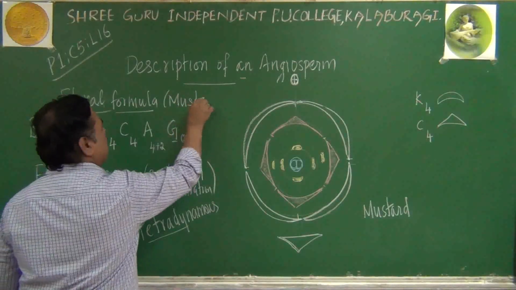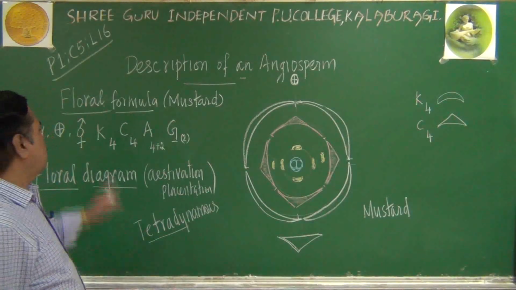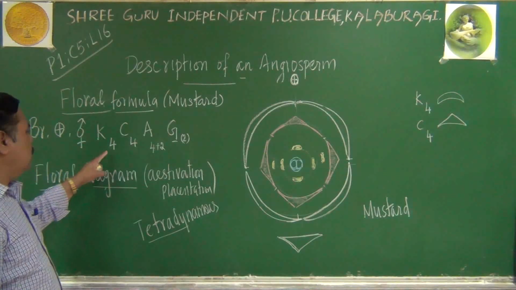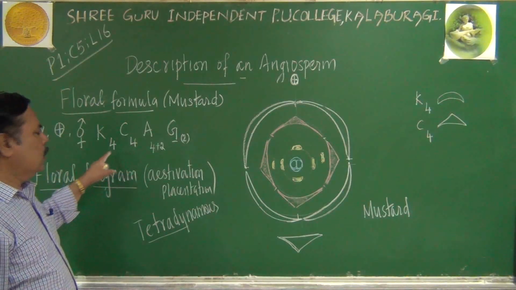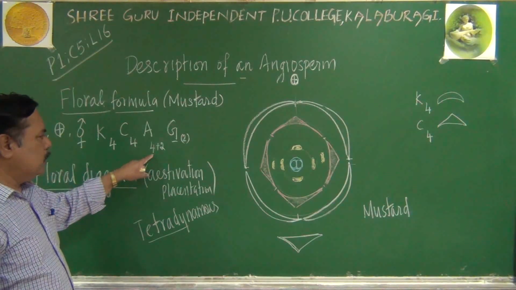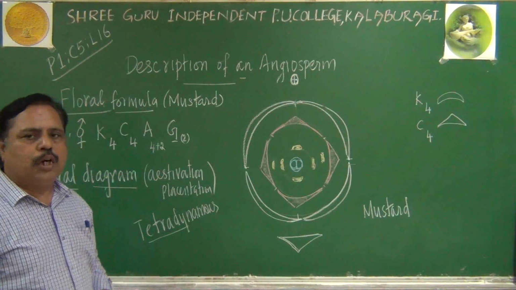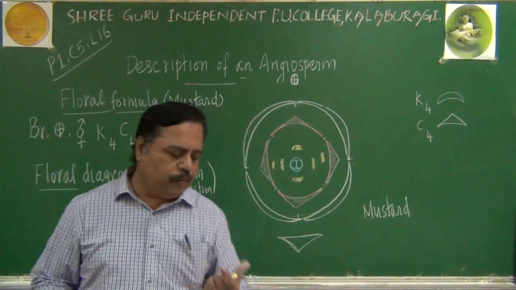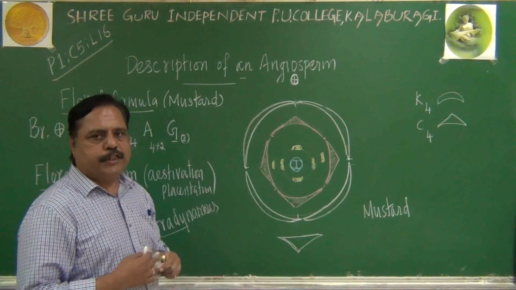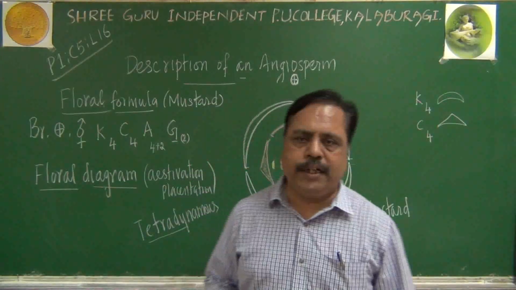Floral formula for mustard: bracteate, actinomorphic, bisexual, 4 sepals, 4 petals, no union, 6 stamens, tetradynamous condition, superior ovary with 2 carpels, united carpels. When carpels are united, we call it syncarpous gynoecium. When they are free, we call it apocarpous gynoecium.